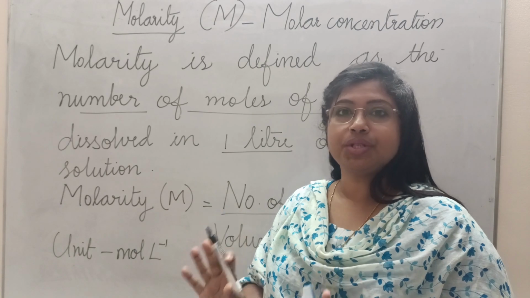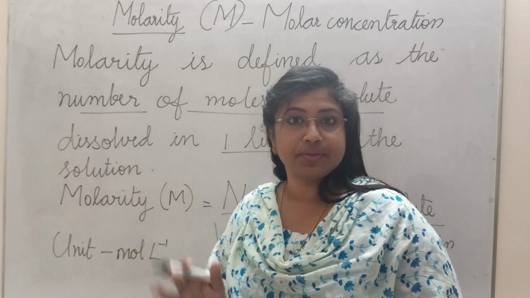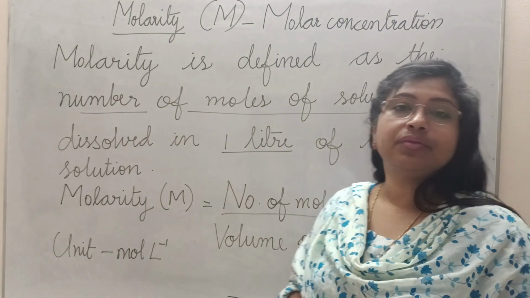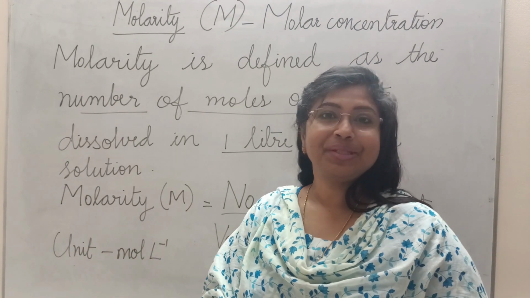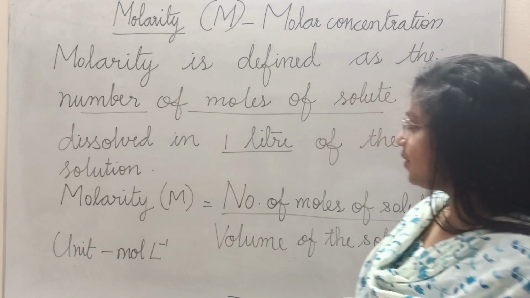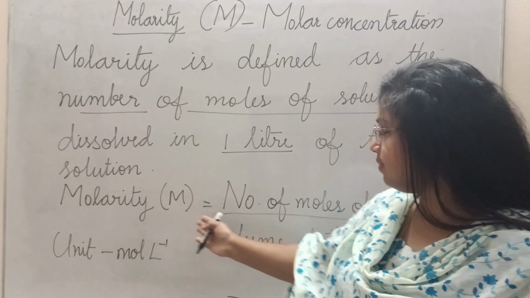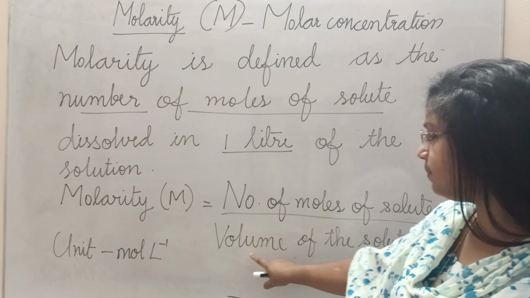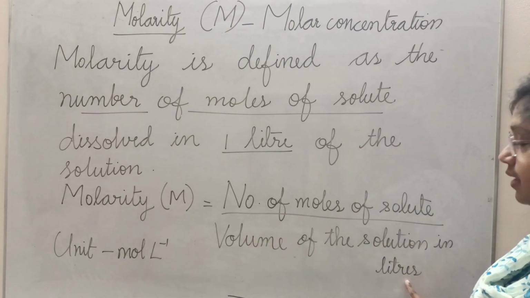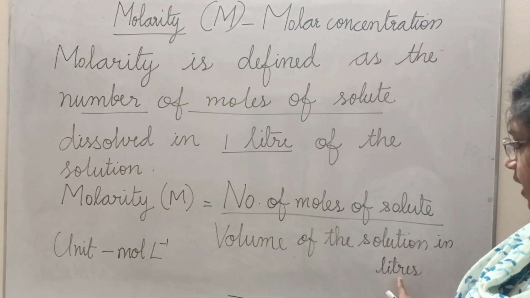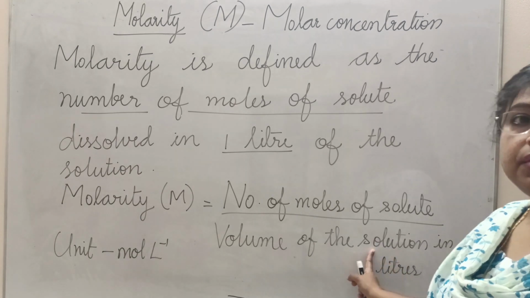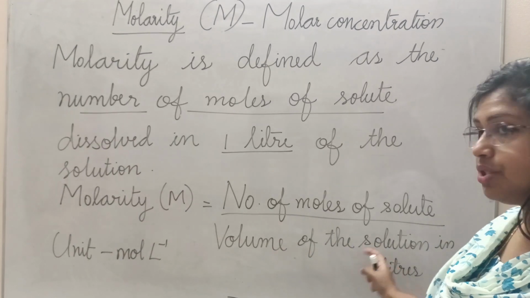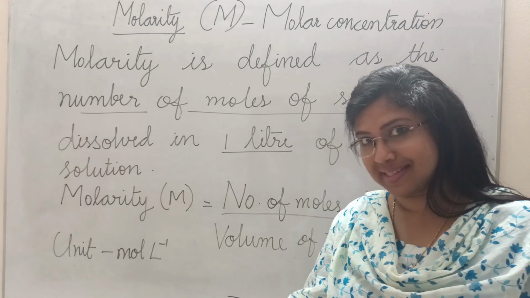All you have to do is find the number of moles of the solute and divide it by the volume of the solution in liters. You will get the molarity. Molarity M is equal to number of moles of the solute divided by volume of the solution in liters. Always remember, we are taking the volume of the solution and not the volume of the solvent.